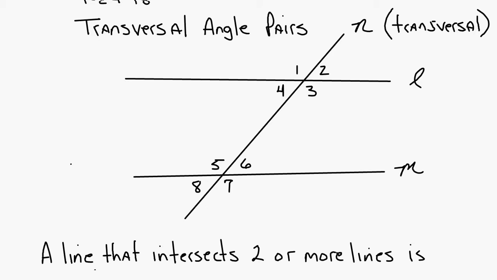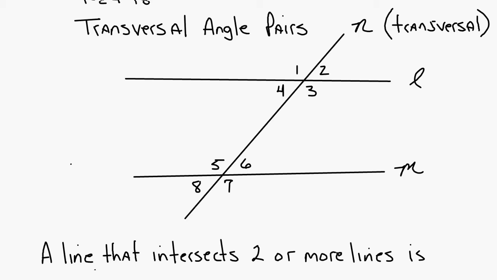Remember vertical angles formed by the same lines? 2 and 4 are vertical angles. 2 and 3, what are they called? They're adjacent. What else? Linear pair. Good, good. They form a line, don't they?